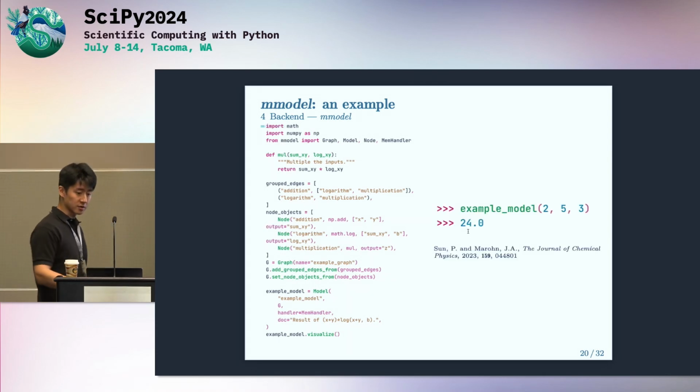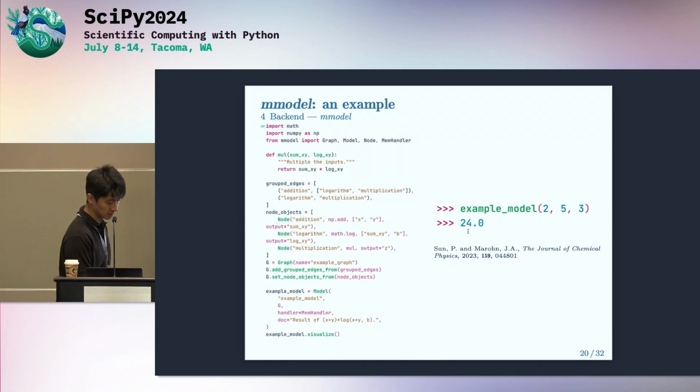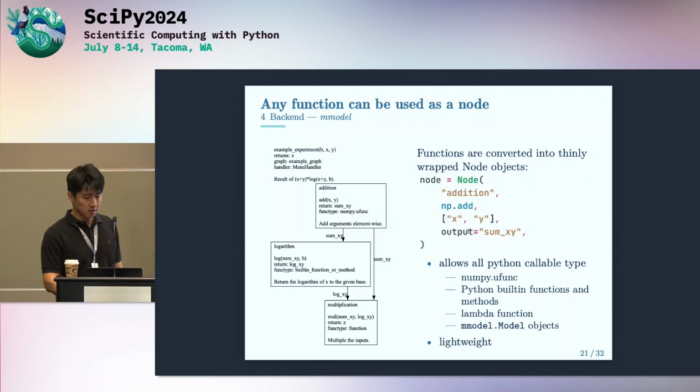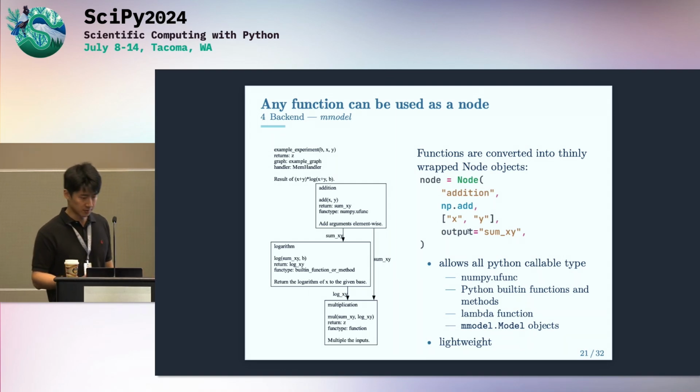So to run this code, because we want it to be easy to run, you can just call it like any Python function. The first feature is very important to us because we want to use existing code. In M model, any function can be used as a node.